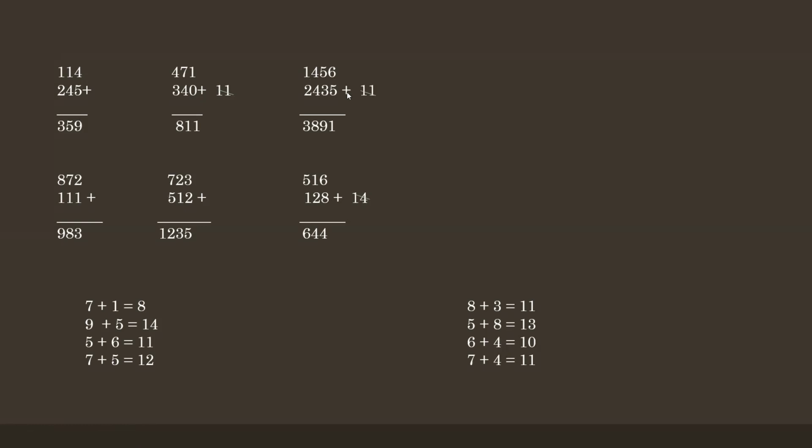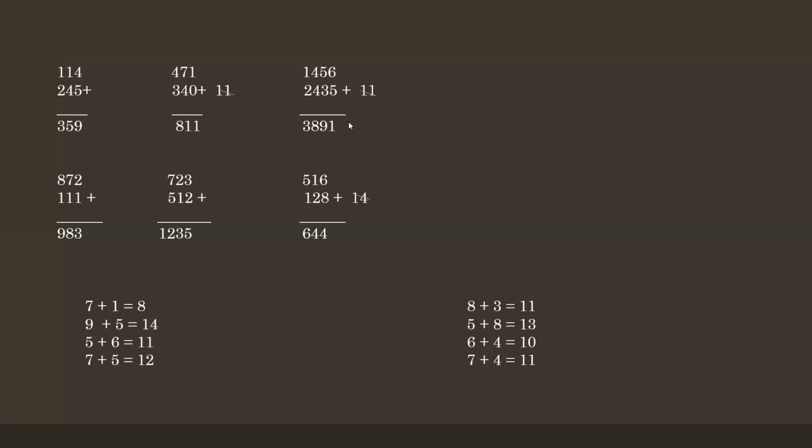In our next example, 1456 plus 2435. Note, in this example, we are dealing with a number that has more than 1000 in it, which means in our previous examples, we would have seen questions with hundreds, tens, and even ones. In this example, we can see that the 1 and the 2 is in the place value known as thousands.